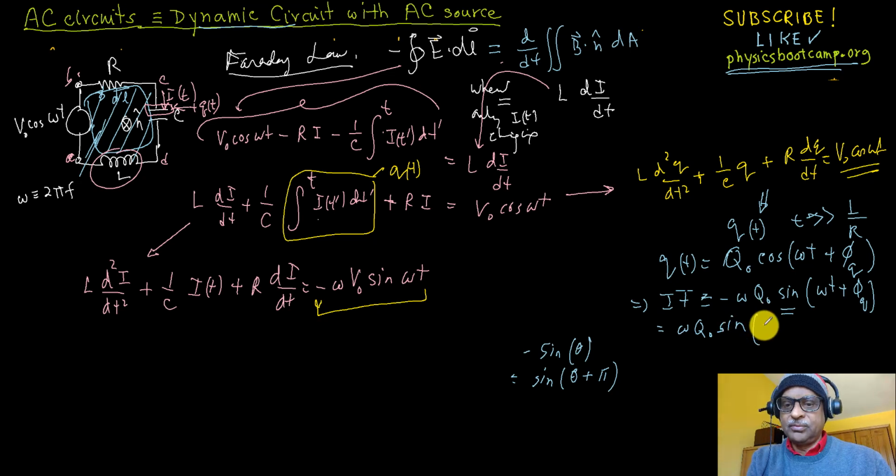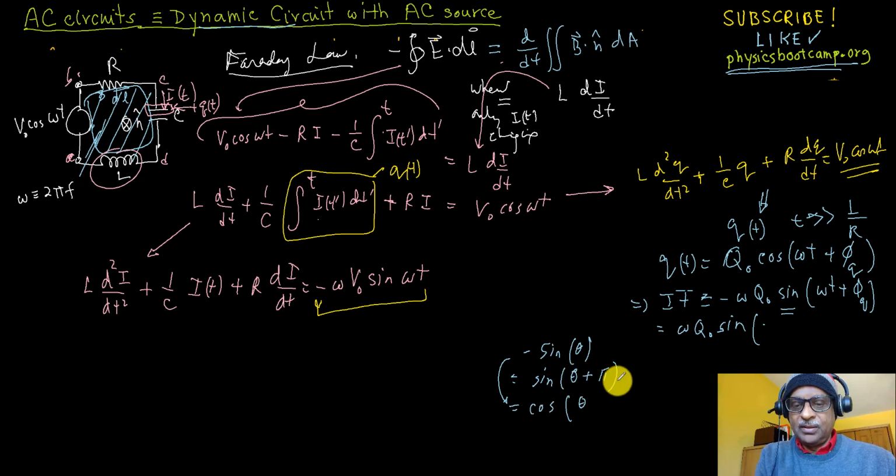Or you can even write the cosine: cosine(theta plus pi/2). So cosine theta cosine pi/2 gives 0, minus sine theta sine pi/2, that's going to be that.